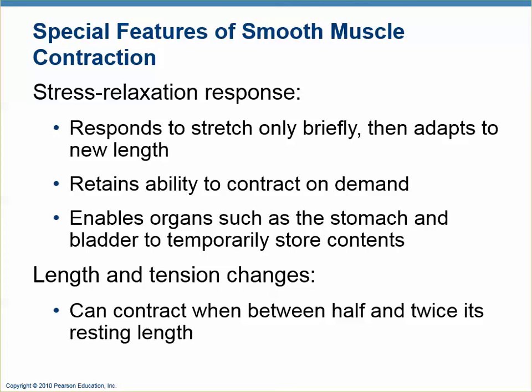Smooth muscle is twice the resting length, so 200% to 50% of the resting length. So really, smooth muscle will contract 150%, 1.5 times its resting length, where skeletal muscle will only contract 40% of its resting length. So there's much more accommodation in smooth muscle.